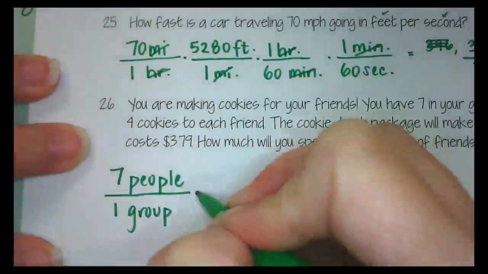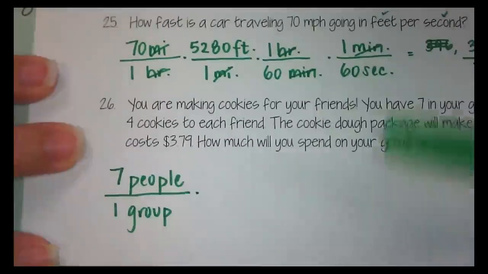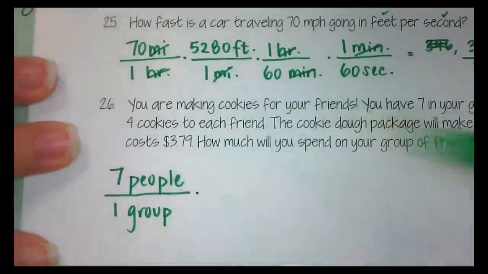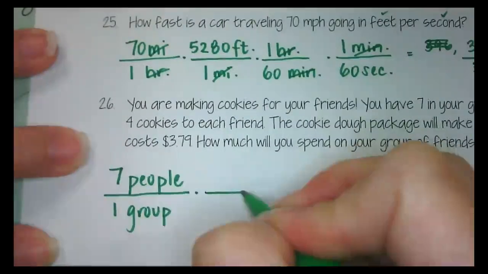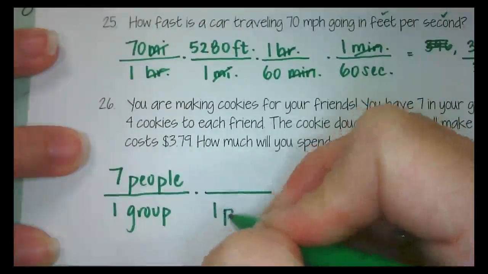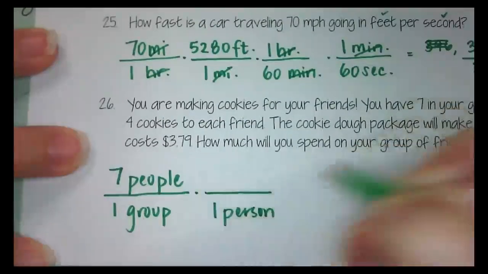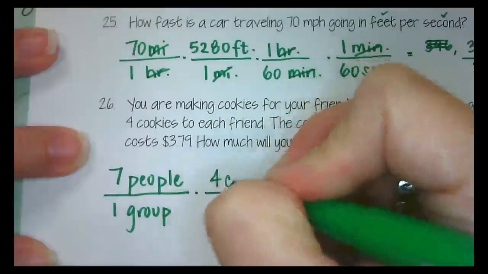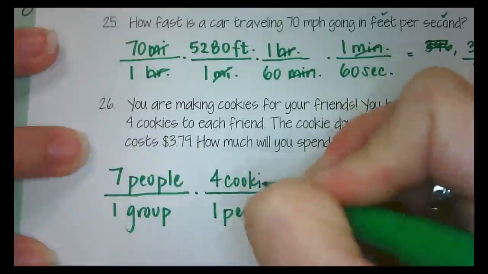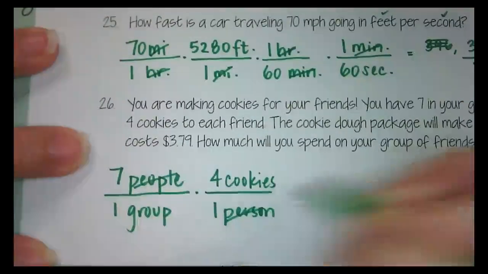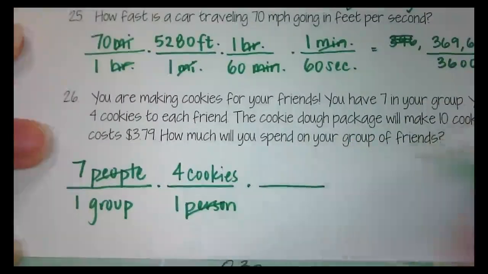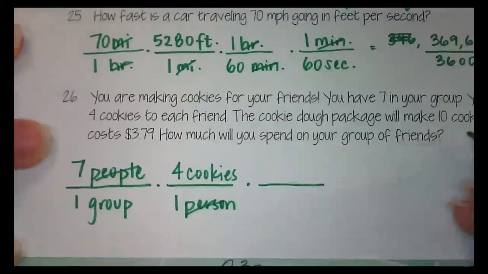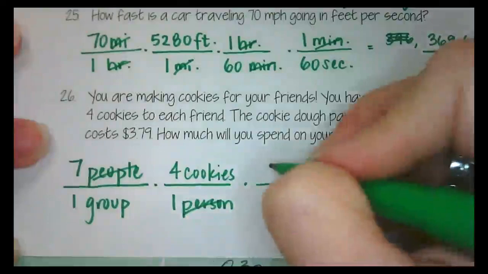All right, so we're trying to figure out money. So we need to change from people into money. All right, so let's see. What do we know about people? Well, we know that one person is going to get 4 cookies. So that will get rid of our people. We know that we can make 10 cookies in a package.